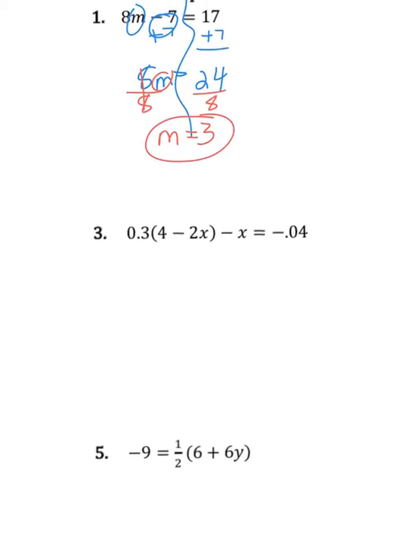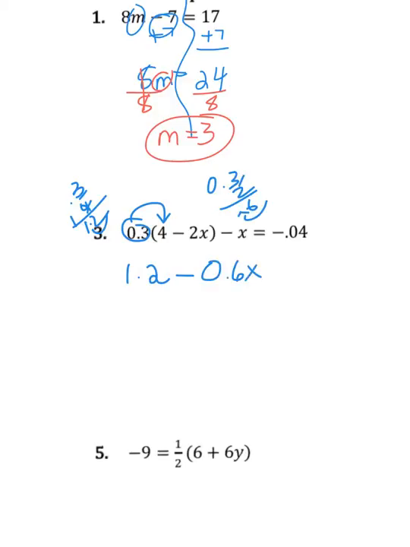Okay, here's number 3. This one has decimals in it, and I like to multiply this first, because 3.3 times 4 is going to give me a 12, and I move the decimal over 1, so that's going to be 1.2 minus 0.3 times 2 is going to be 6, move the decimal over once, 0.6x minus 1x equals negative 0.04.